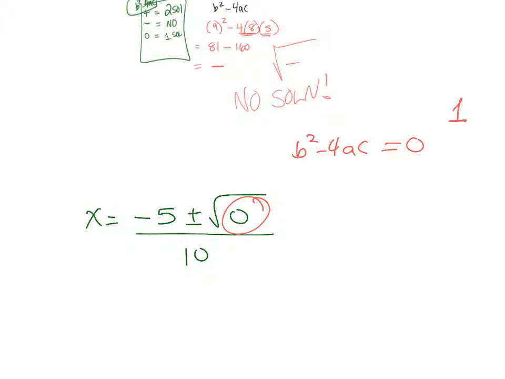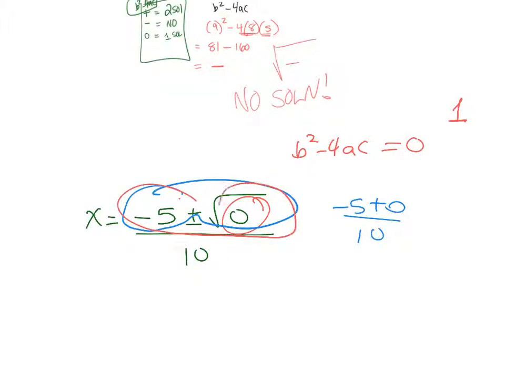The reason you have 1 solution is because you're going to do negative 5 plus the square root of 0, which is just 0, divided by 10. And then you're going to do negative 5 minus 0, which is also negative 5, divided by 10. You're going to get the same thing, negative 5 tenths.